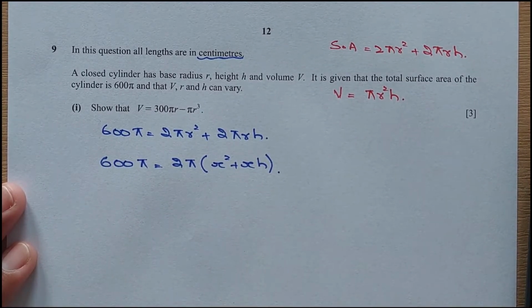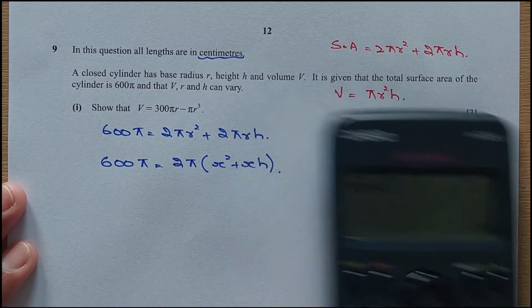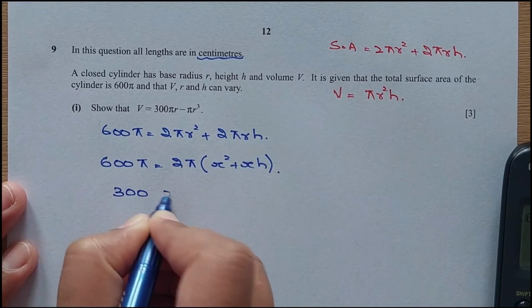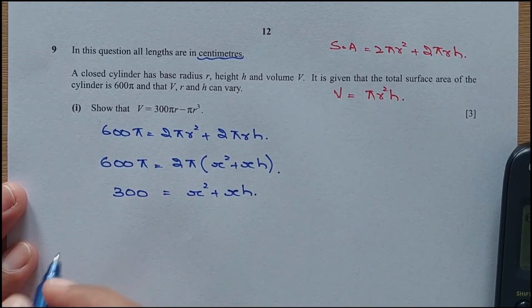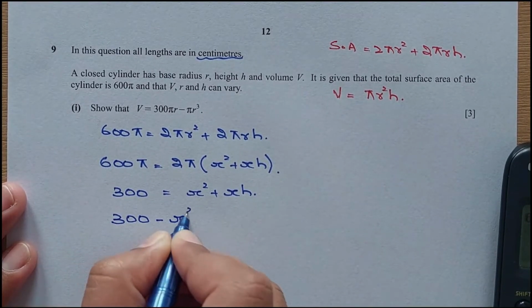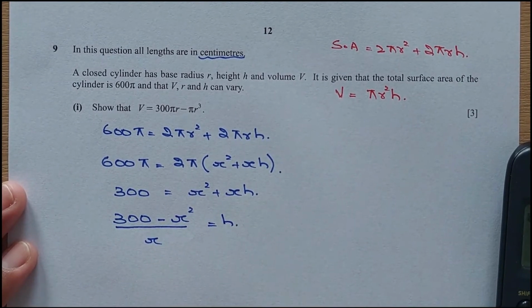And dividing over here, 600 divided by 2 is 300, and pi is cancelled with pi, so we have just 300 equals r square plus rh, right? And now we have 300 minus r square divided by r equals the value for h, right?